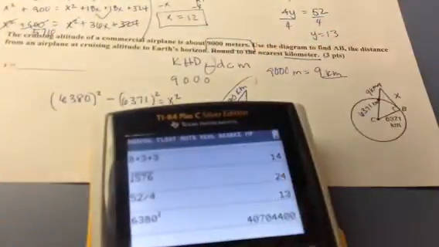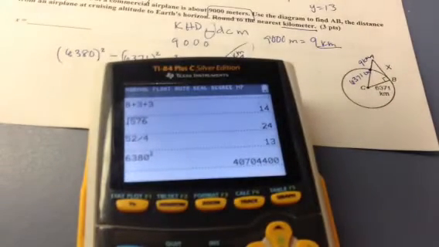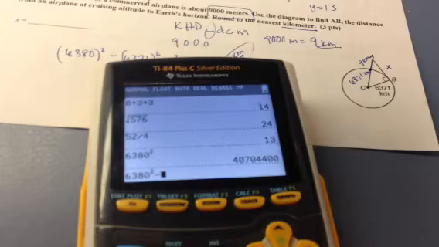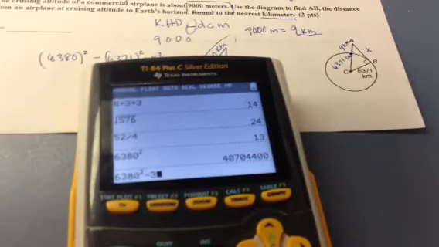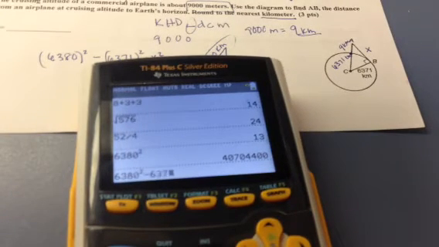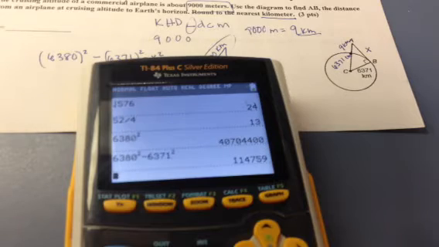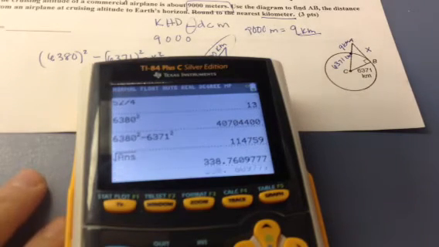You know what? I'm just going to do this in the calculator. Your calculator can do this whole thing for you. So 6,380 squared minus 6,371 squared. Our difference of squares is this number. So that's 114,759. Take the square root.